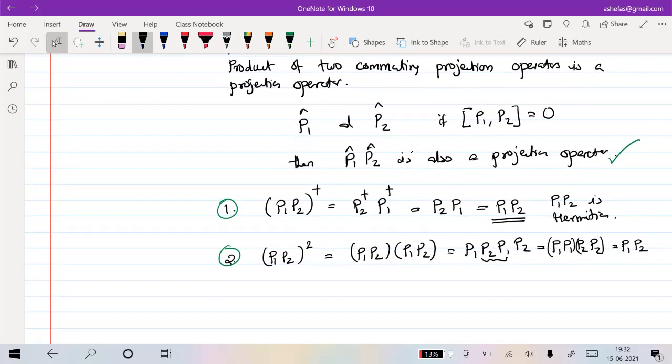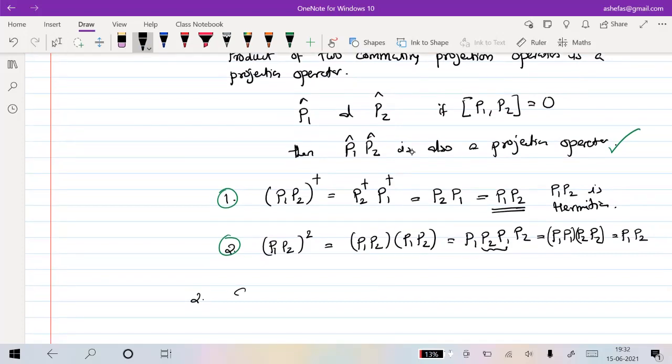So next we can check the next property of the projection operators. The sum of two projection operators is not a projection operator in general.